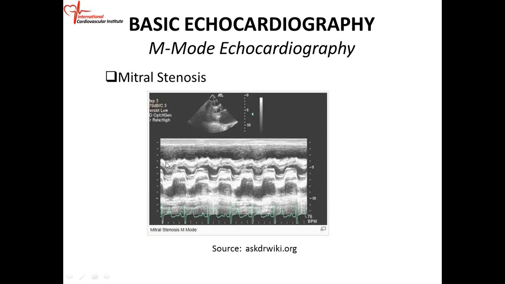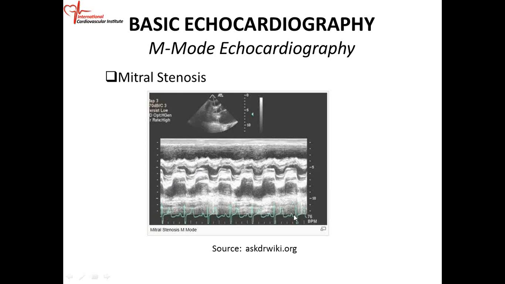The next structure is the septum. The next structure is the LV cavity with the mitral valve there. So suppose this is the anterior mitral leaflet, the posterior leaflet is below, and then you're gonna get into the left atrium.